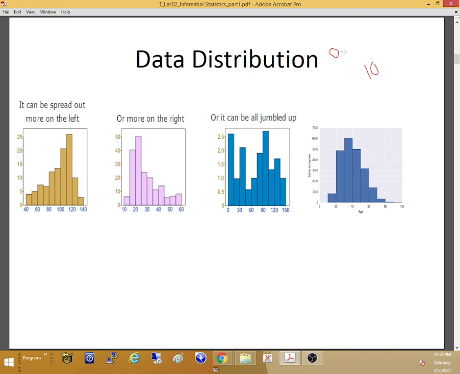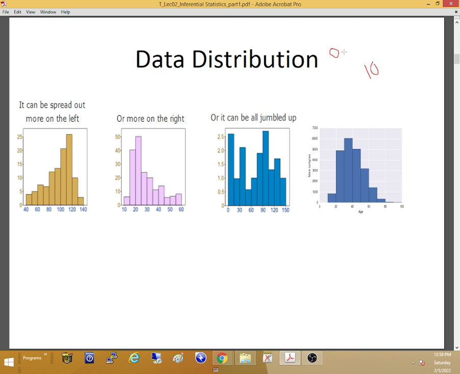Within this range, most of the values are there. The frequency of this one is 25 and this one is 20. So in the total number of data, most of the values are within this range.